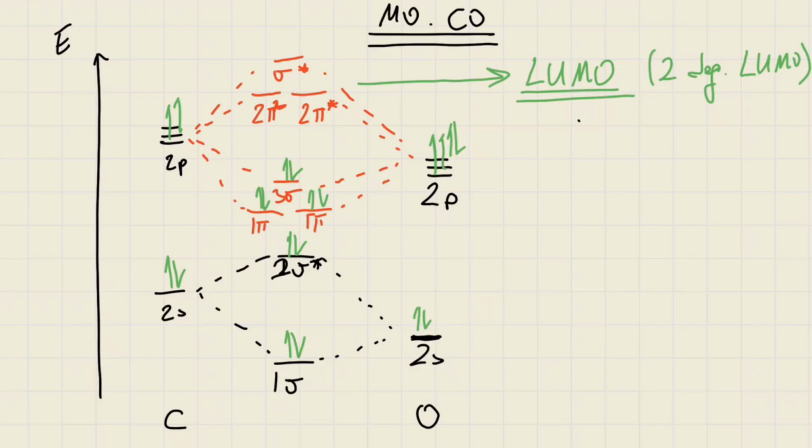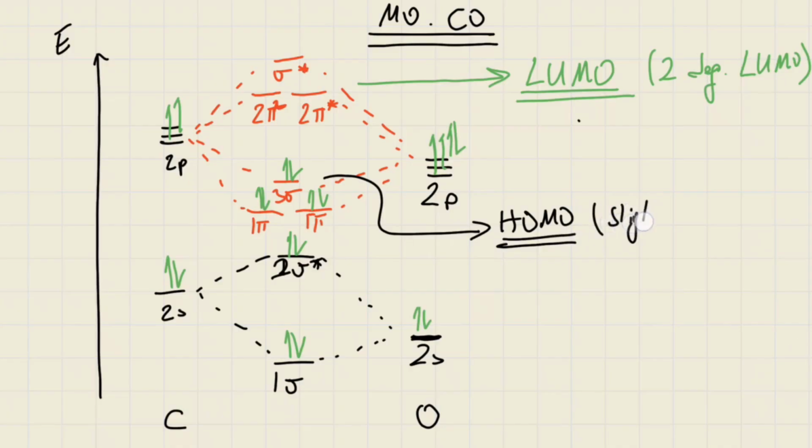And we have the HOMO orbital, which is the highest occupied molecular orbital. And the important thing is that actually this HOMO orbital has slightly anti-bonding character. What does it mean?